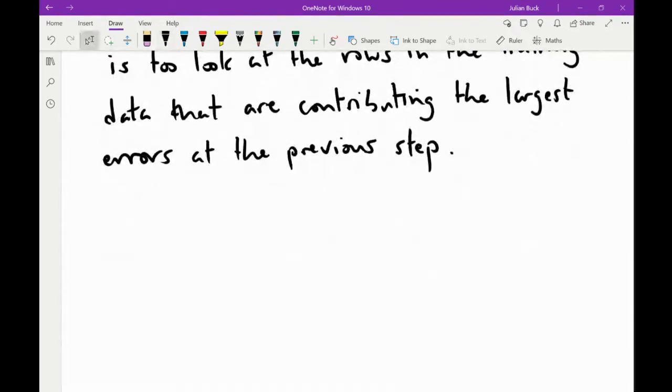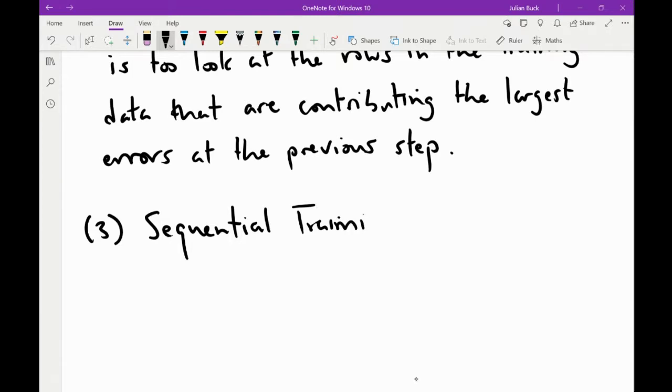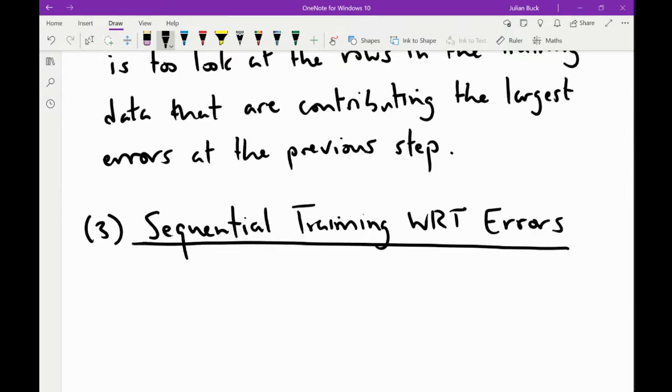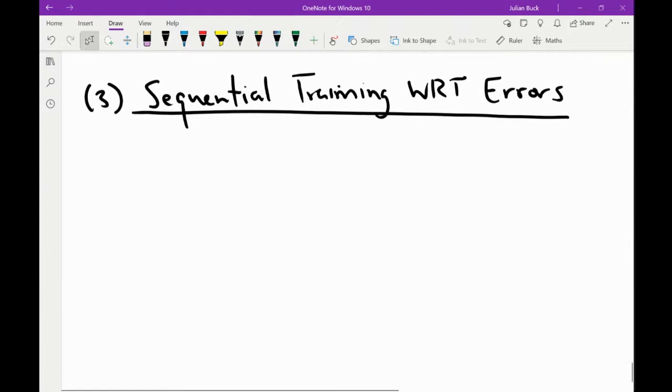All right, so that leads us to the actual description of the process: sequential training with respect to errors. This will allow us to describe an algorithm for this process.